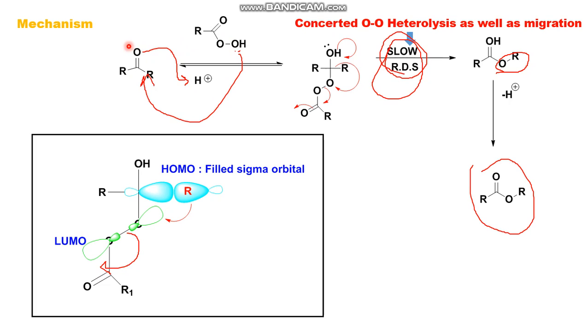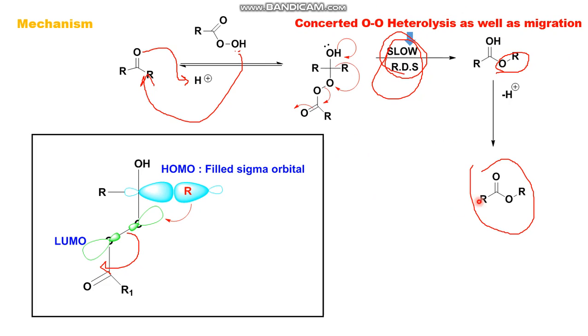So this oxygen lone pair will first take this H plus, and the lone pair of this oxygen atom will attack here and leave this oxygen as O minus, and this forms this type of tetrahedral intermediate, and this is very common for carbonyl attack by some nucleophile in acidic media.